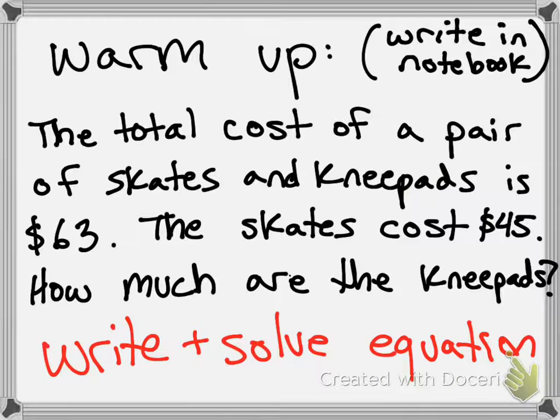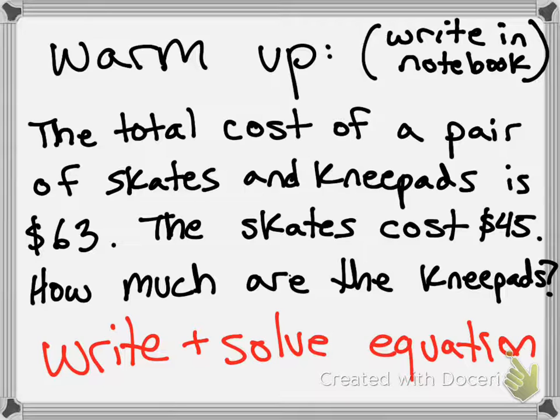So, here's another warm-up. Write this in your notebook. You need to write and solve the equation. So let's read this together. The total cost of a pair of skates and knee pads is $63. The skates cost $45. How much are the knee pads? Now, what's the first keyword?